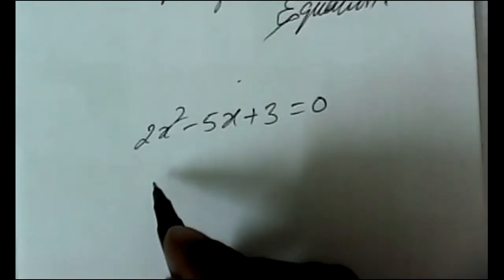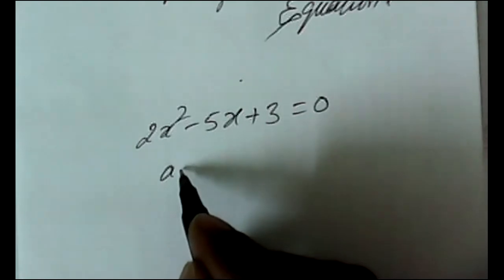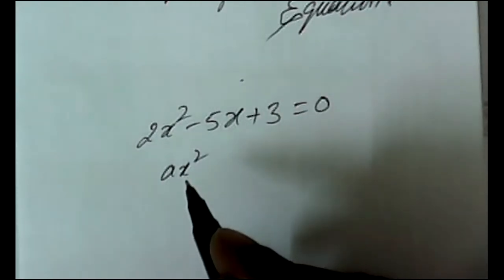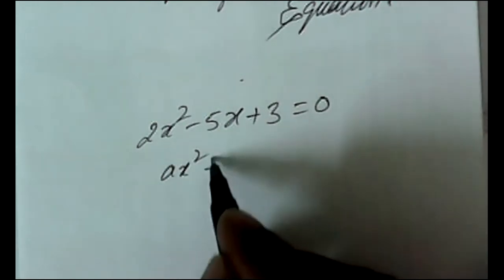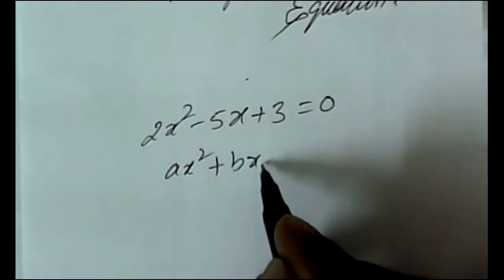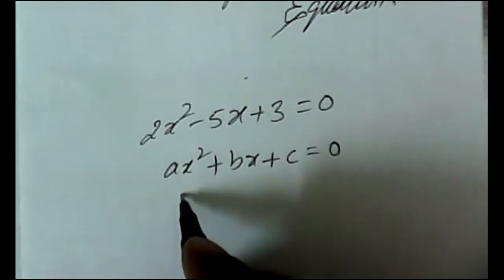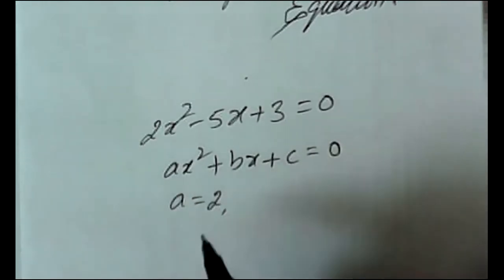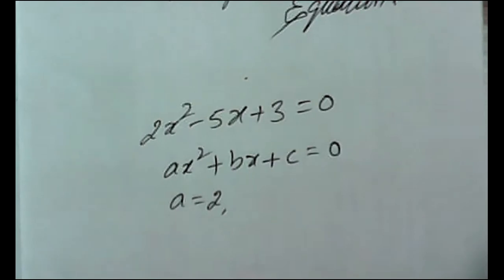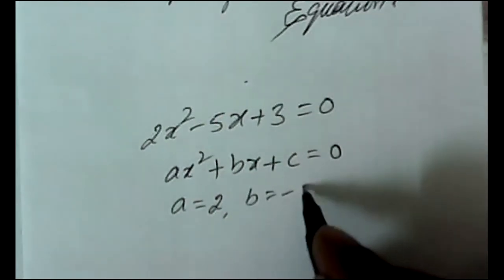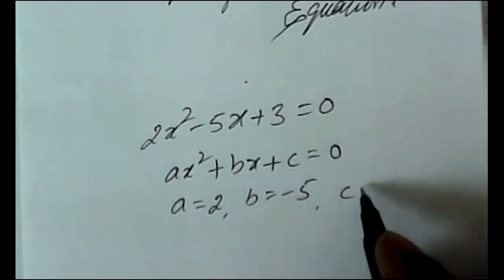We find its discriminant. So here, comparing with our general quadratic equation, ax squared plus bx plus c is equal to 0. Here we have a is equal to 2, b is equal to minus 5, and c equal to 3. This is a, this is b, this is c.